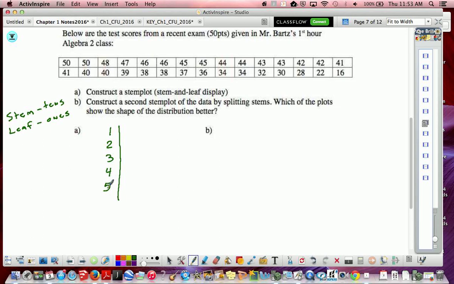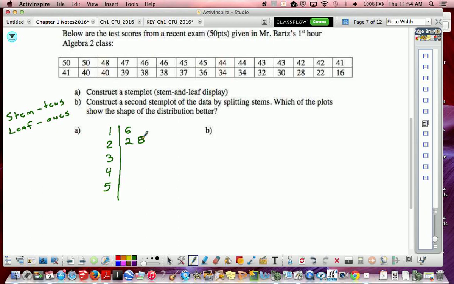So now, for each score that's in the 10s, I'm going to write the ones digit. Here a 16 was my only one, so I'll just write a 6. Then when I do the 20s, I have 22 and 28, so I write a 2 and an 8. Now notice, I don't put a comma. I don't need to, because I know this represents 22, this represents 28.